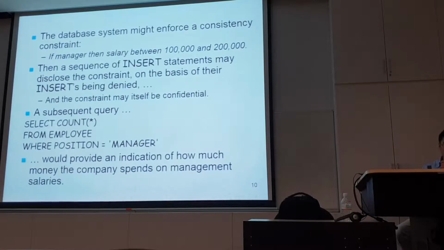Now let's look at how this kind of inference can be done against the statistical database. In this example, we use the function count. This will count the number of records in this table that satisfy this predicate. That means it will count the number of managers.